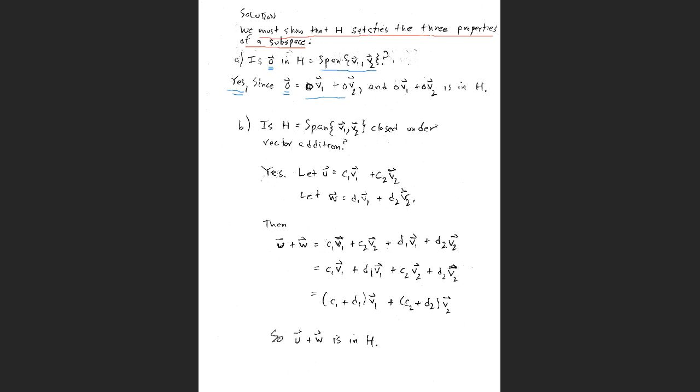And 0 times v1 plus 0 times v2 is in our space H, because H is the span of two vectors, and the span is any linear combination of the two vectors. Well, 0 times v1 plus 0 times v2 is a linear combination of v1 and v2. So therefore, the zero vector is in our space H.